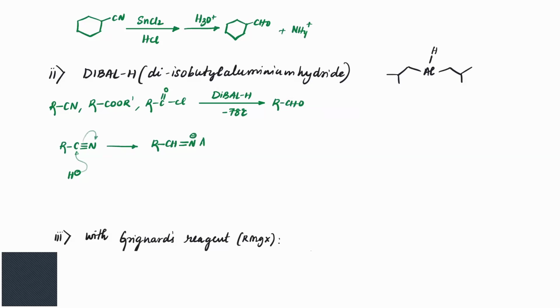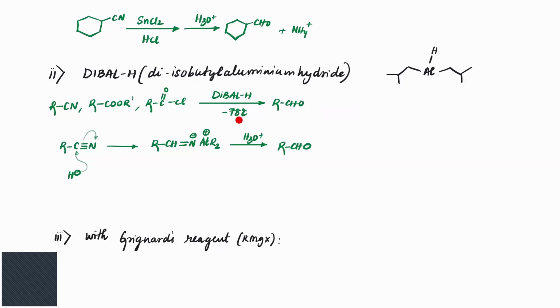And of course, this minus will be connected with that aluminium R2 plus. Okay, so this is how it will get connected. And once you get that here, on hydrolysis, we will be able to convert this into an aldehyde form. This is what has been happening.